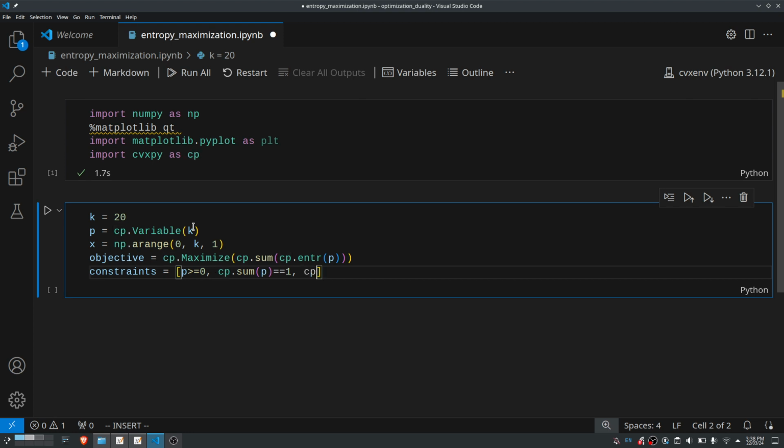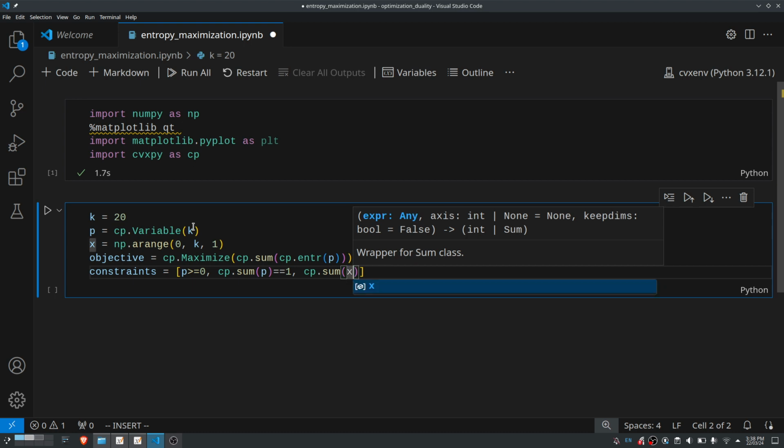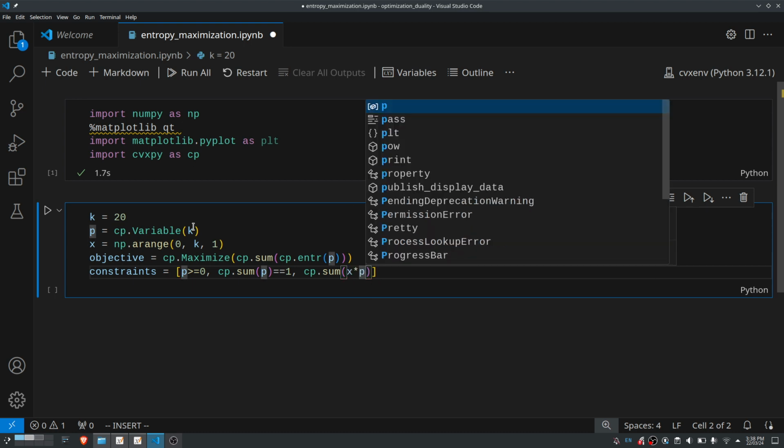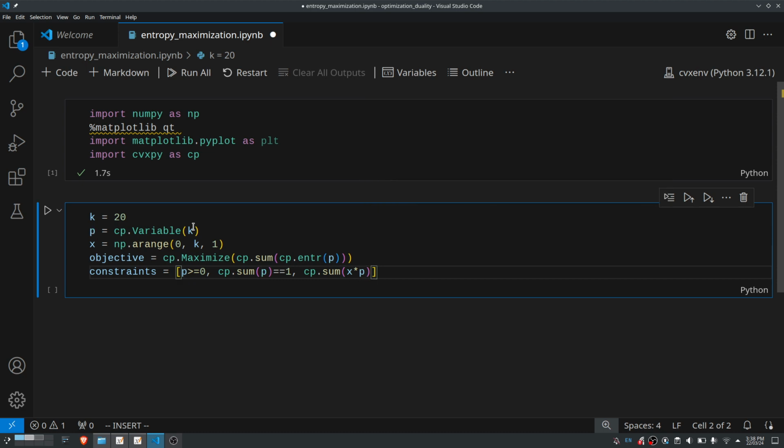Okay, so let's say I just have a mean constraint. So the mean, so this is x into p, that's going to multiply this element twice, should be less than or equal to some quantity, let's say 2. Okay. So now how do I formulate the optimization problem?